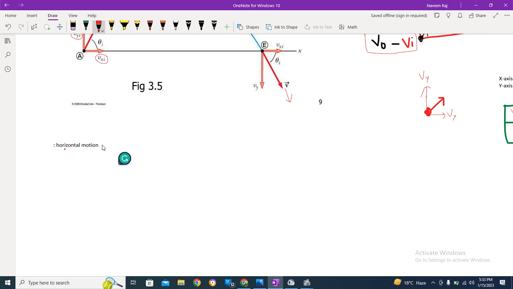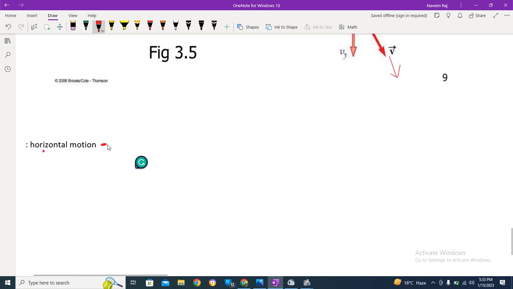The horizontal motion over here is v naught x. If you don't know what I'm talking about, like what is v naught x, check out our previous video, you will get to know. Horizontal motion, which is on the x-axis, so that is v naught x.